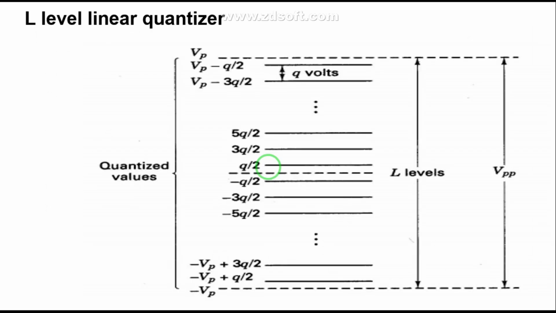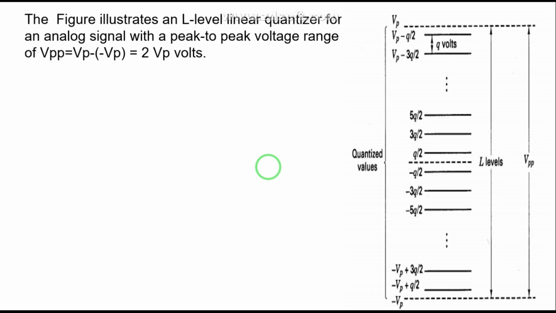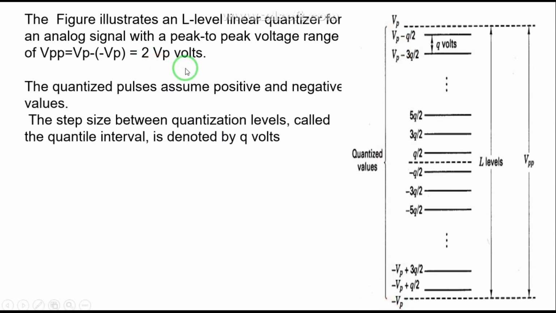Now the next figure is the linear quantizer. This linear quantizer ranges from minus Vp to plus Vp, that is, minus peak voltage to plus peak voltage. So what would be Vpp, the peak to peak value? It would be Vp minus minus Vp, that is 2 Vp volts. Now the quantized pulses assume positive and negative values.